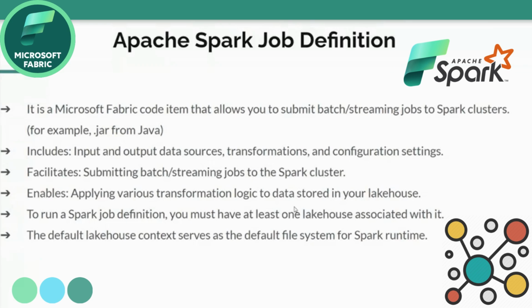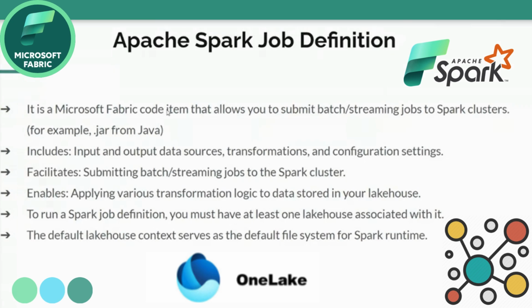Here we can submit batch or streaming jobs to a Spark cluster, along with the notebooks or the jar files that have all the transformation logic. It transforms the data as per the code written, and the final job will store the data in OneLake, or it can store the data in any other place as well.